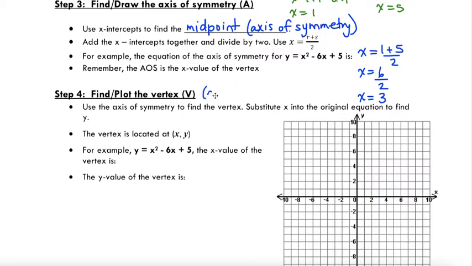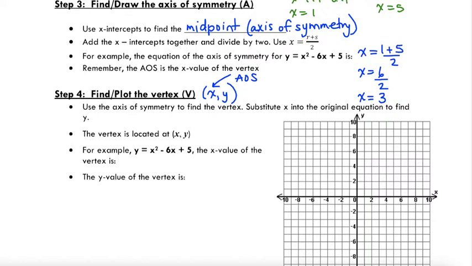So the vertex is in the form (x, y), where this x is from your axis of symmetry, and we have to use that information to find our y. So we're going to substitute the value of x into my original equation, and we're going to find the value of y. And the vertex is located again at that point, as I said, (x, y).